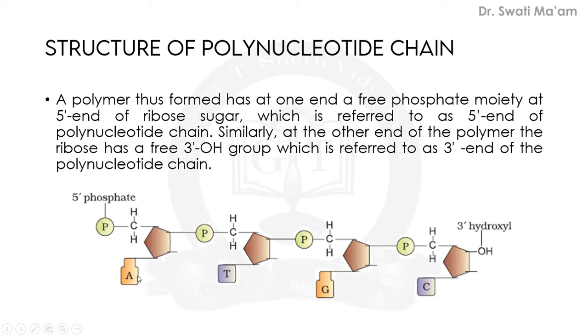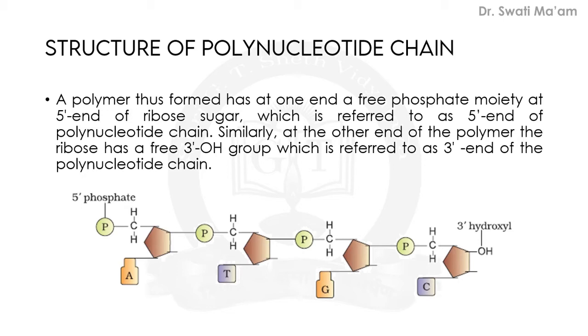These are the nitrogenous bases, adenine, thymine, guanine, and cytosine. Similarly, this structure is the pentose sugar, and this one is the phosphate group. So we already understood how the nucleotide is formed. It consists of three components: the nitrogenous base, the pentose sugar, and the phosphate group.